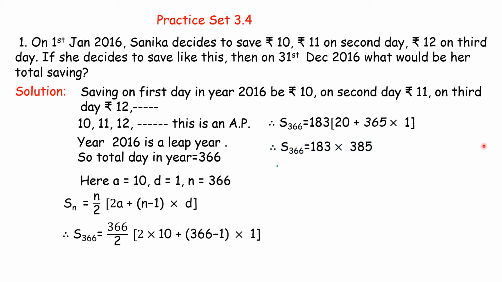You multiply 183 into 385 and write down the answer, that is 70,455. So total saving would be rupees 70,455.